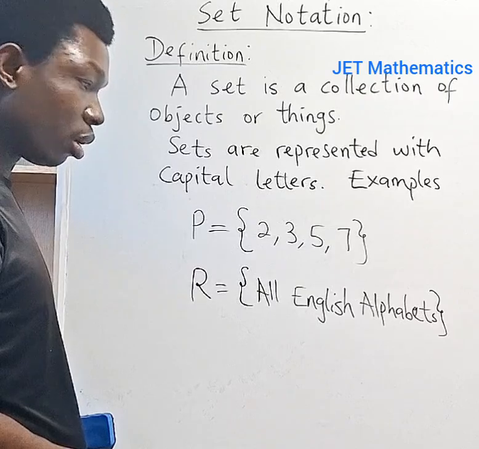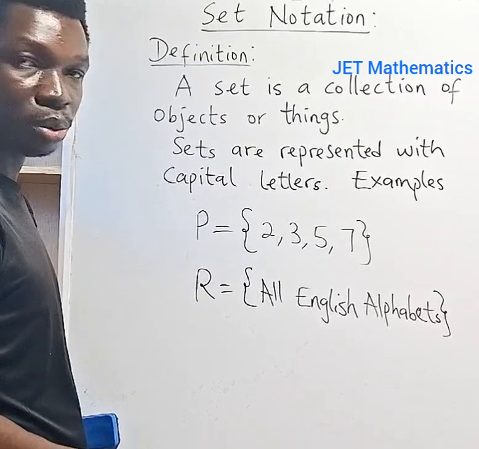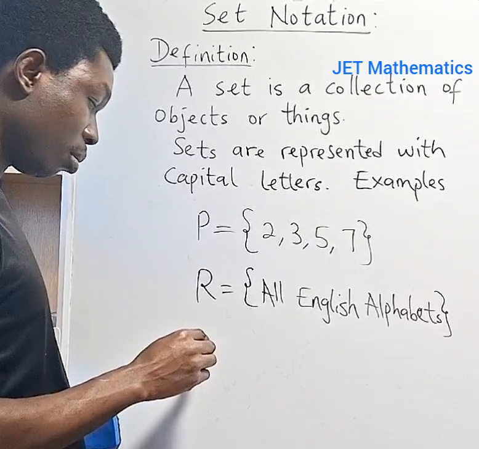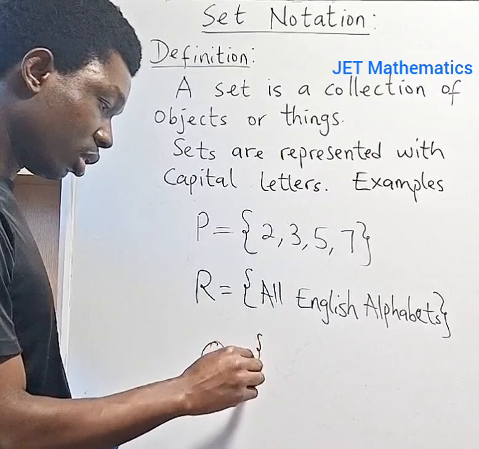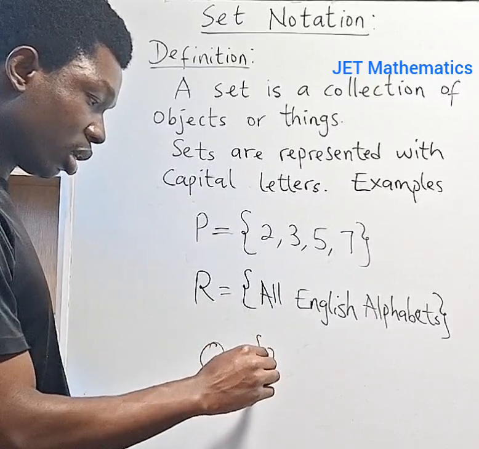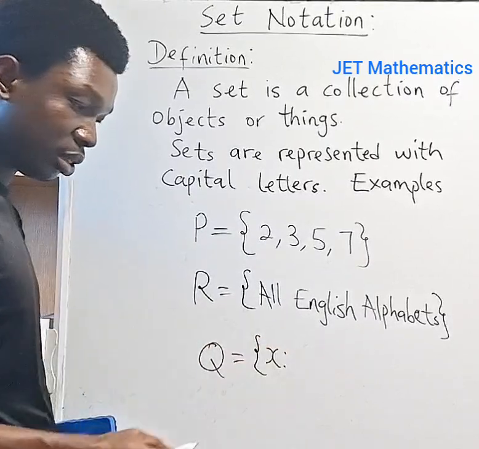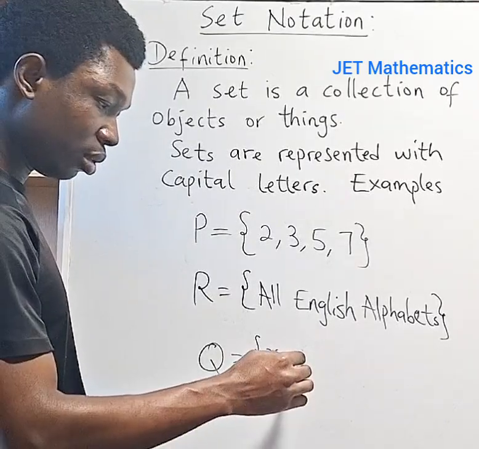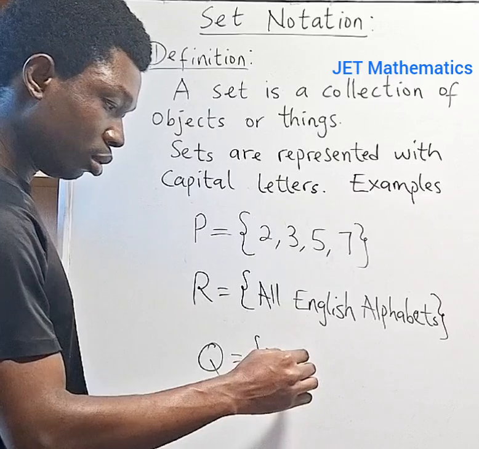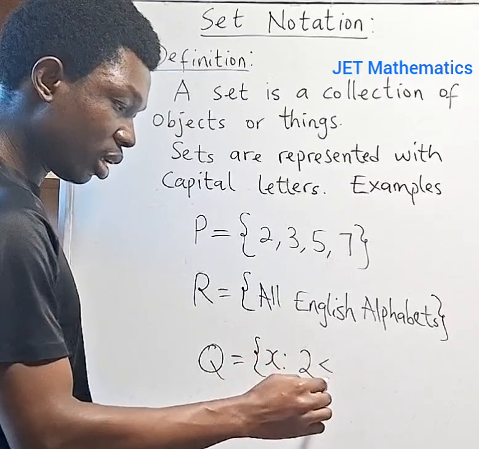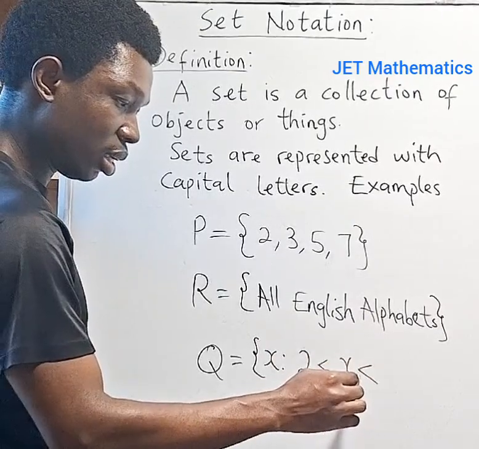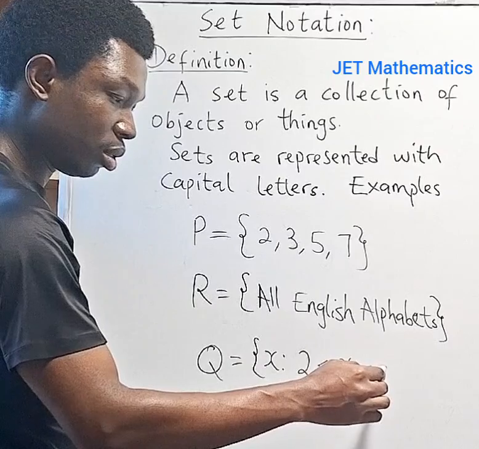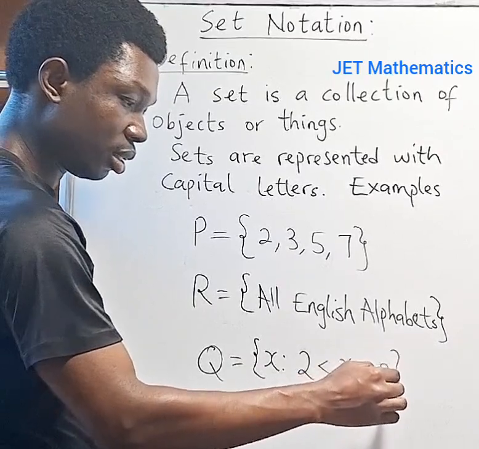Another way we can write a set is using the set builder notation. Let's say another set Q is the set of numbers X such that 2 is less than X and X is less than or equal to 9.